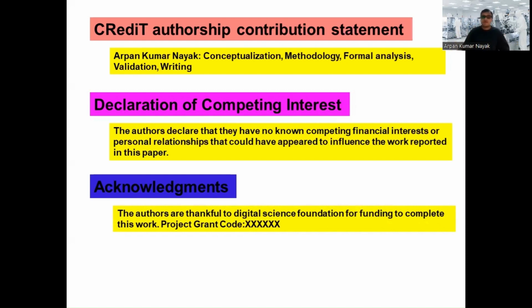Suppose you are a PhD student and you are getting a fellowship for this research work, you can acknowledge them, that you are using the fellowship from this organization. That will be an acknowledgement.